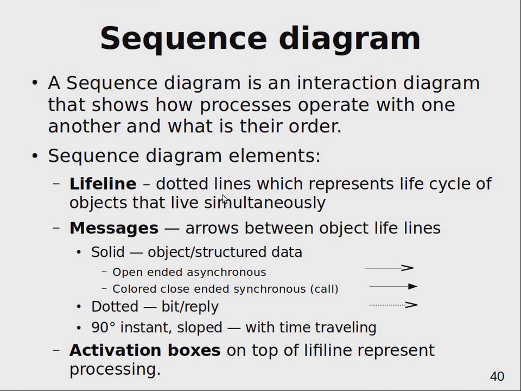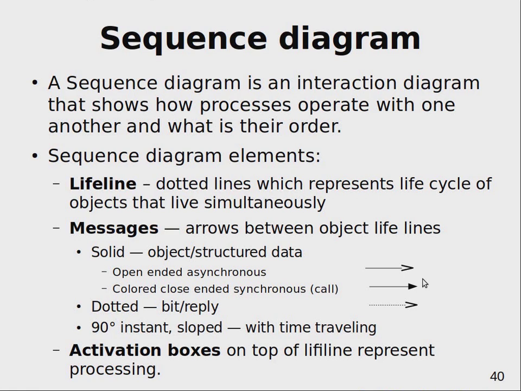Lifelines are dotted lines which represent the life cycle of the object, and objects exchange messages. Open-ended means asynchronous call, closed-ended means synchronous call, and dotted and solid means structured data. This means you can send objects in object-oriented terms, and dotted means just a single bit, like done, not done, etc.